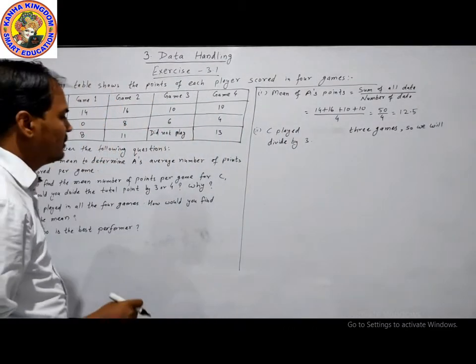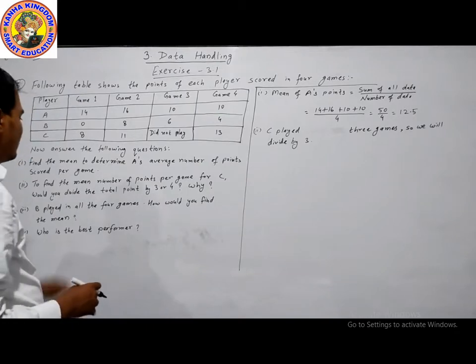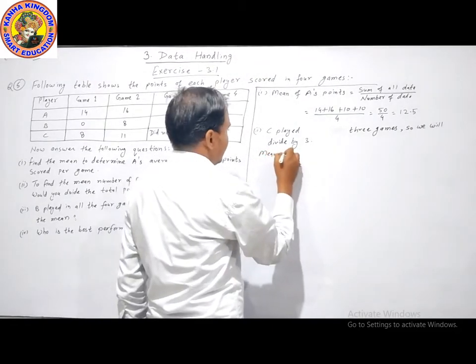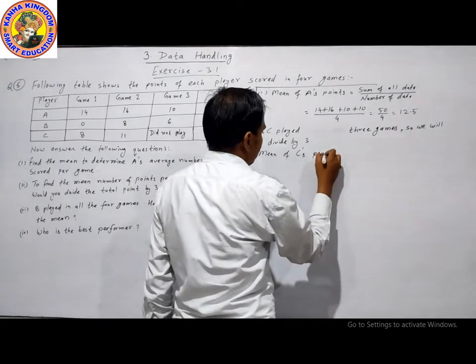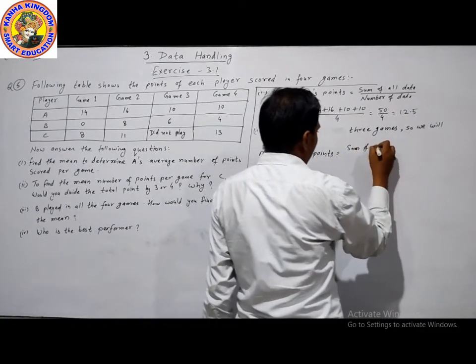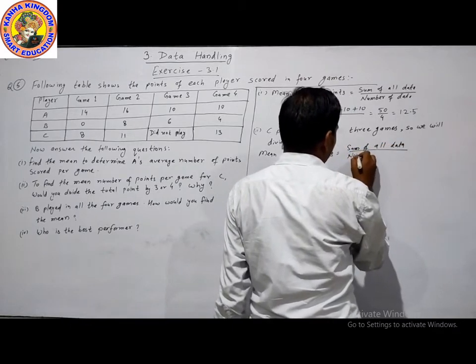So we will divide by 3. Now what is the mean of C? Mean of C's points is sum of all data divided by number of data.